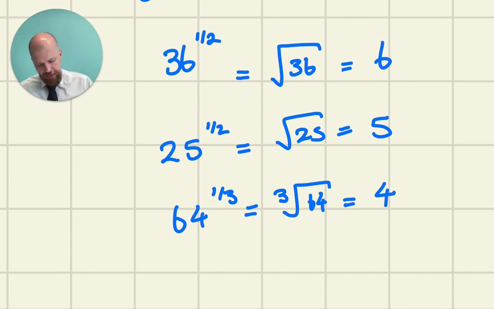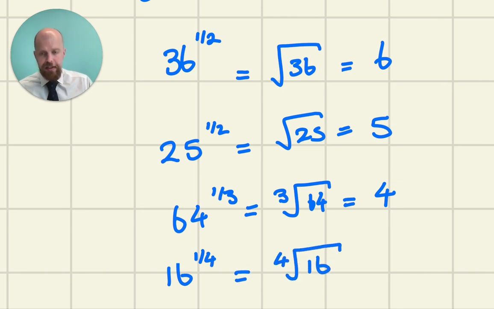If we wanted to do 16 to the power 1 over 4, that is the 4th root of 16, which is a number that multiplies by itself 4 times to get 16, which is 2. 2, 4, 8, 16. So that's what happens when you're raising to the power 1 over something.